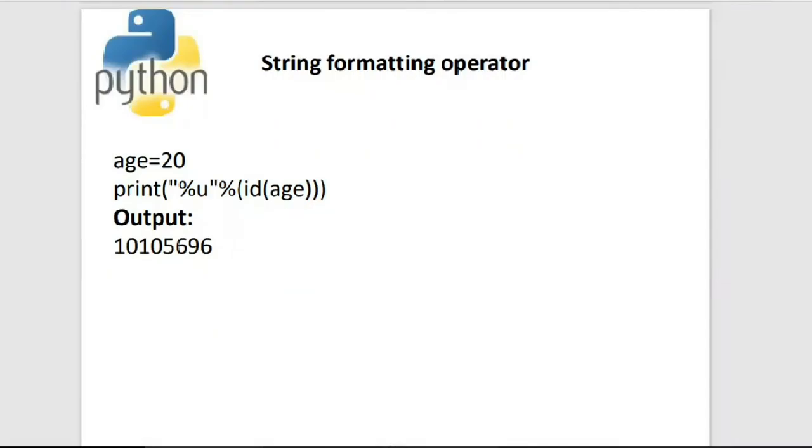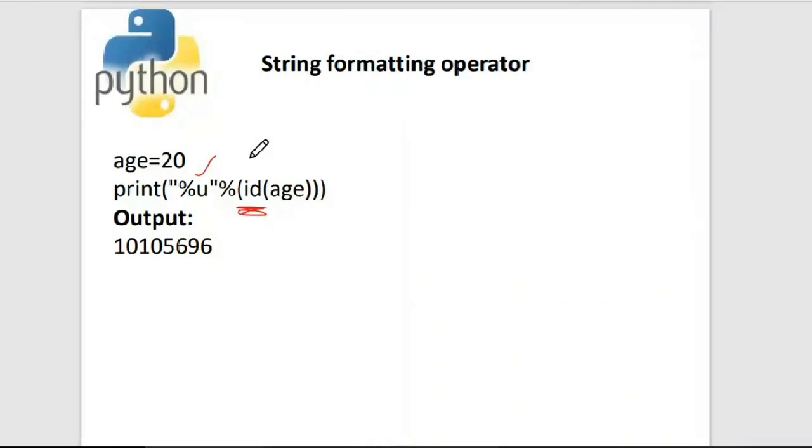Now, how to put it in a program? Here I just wanted to show you the address of this particular object. The address of the object generally is an unsigned decimal value, so you show it with %u. To extract the address, I use the id function.